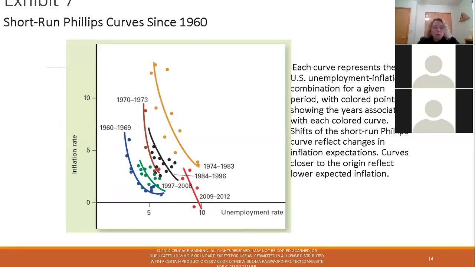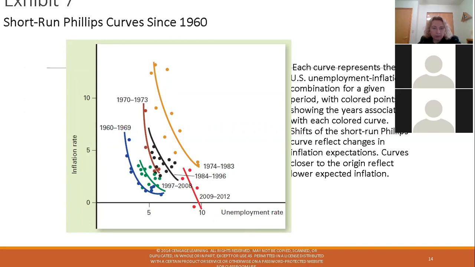All right. What you're seeing here is a little outdated, because I think this is the author's most recent edition of the book. But you can see we have some short-run Phillips curves from some very distinct periods in time where we had some things going on.